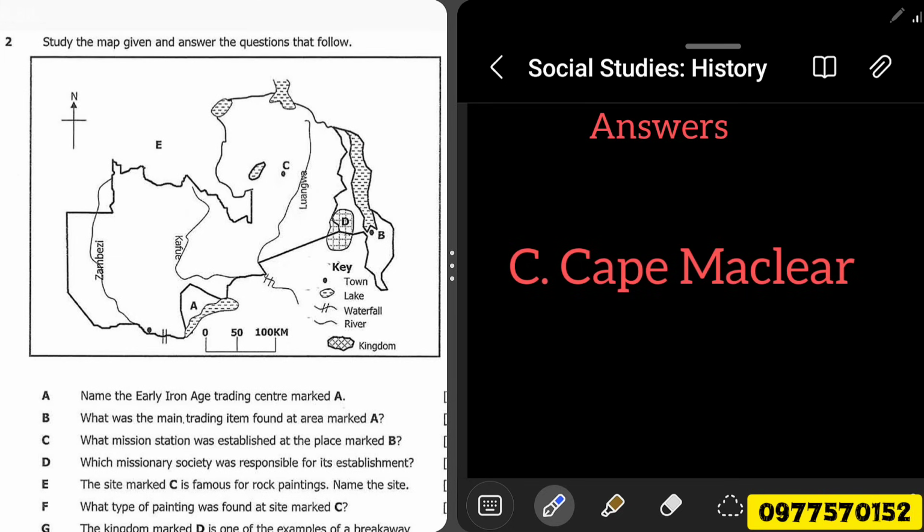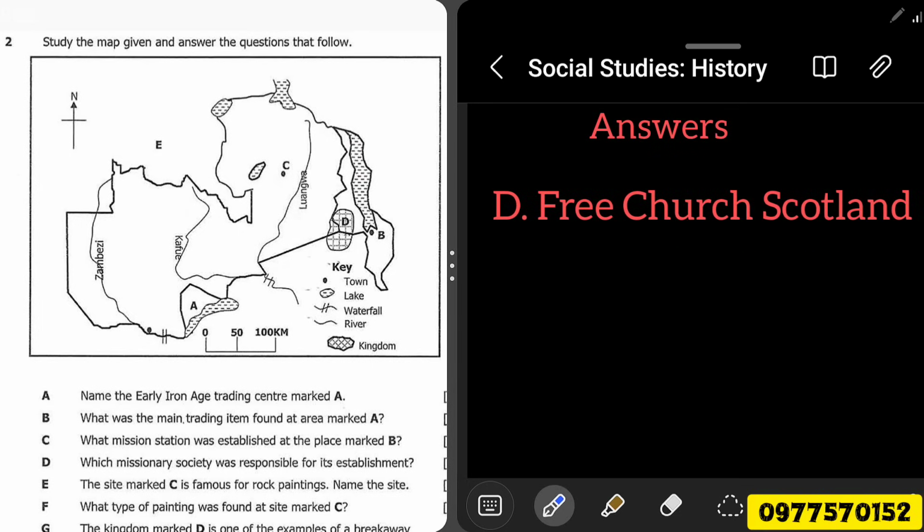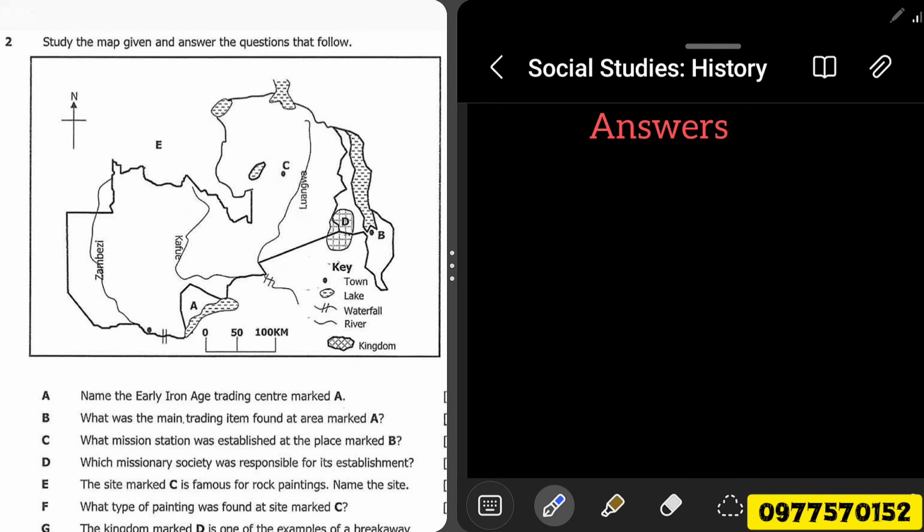Which mission society was responsible for its establishment? The missionary society was the Free Church of Scotland, which was responsible for the establishment of Cape Maclear.